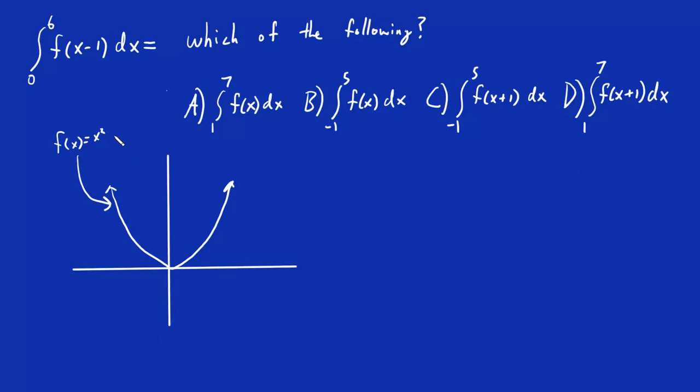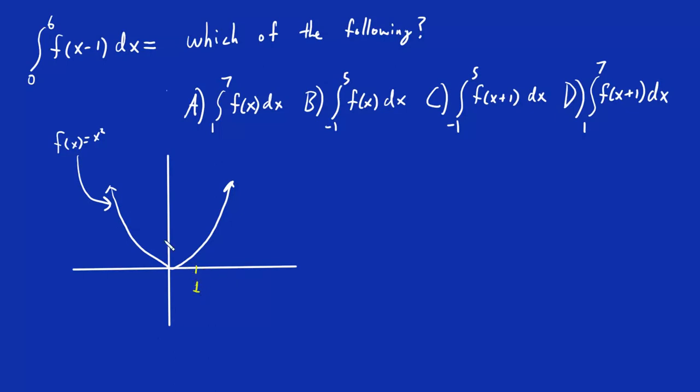So if we were to transform it and then make this f of x minus 1, and you can prove this with xy tables quite easily, this would be the quantity of x minus 1 quantity squared. And then that would become, it would shift over by 1.